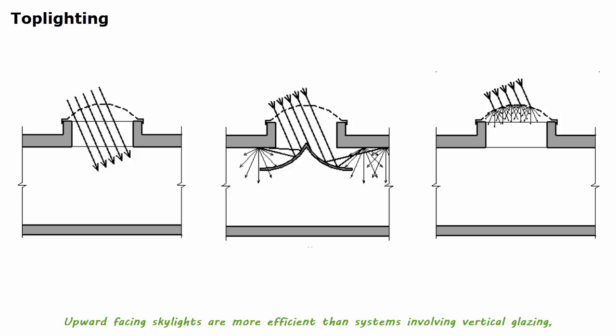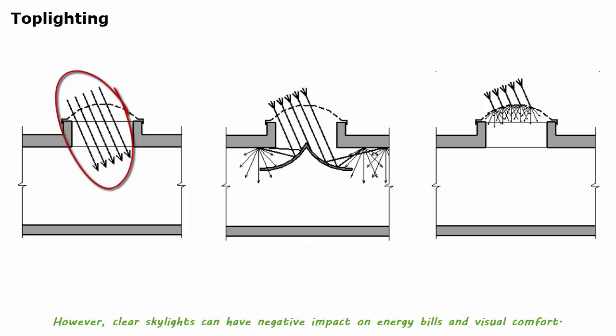Upward-facing skylights are more efficient than systems involving vertical glazing, such as sawtooth or monitor, because the sky exposure of skylights is usually 100%. However, clear skylights can have negative impact on energy bills and visual comfort. They can add cooling loads in the summer and create glare due to direct sunbeam penetration.